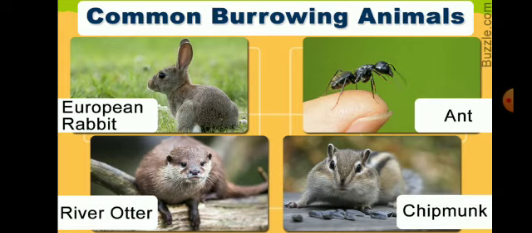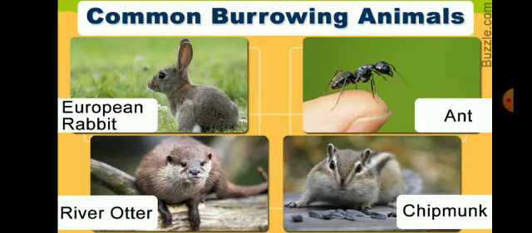Children, we can see animals under the ground, on the ground, and in the water, and also some other places. Now let us see the animals that are present under the ground. You can see rabbit, ant, otter, and chipmunk, and also some other organisms like earthworms.